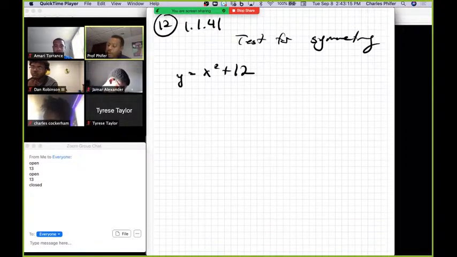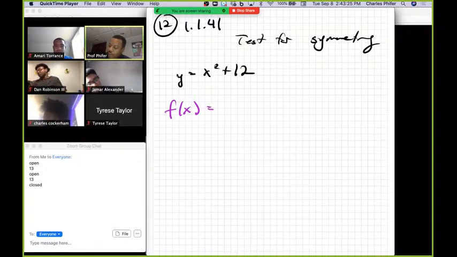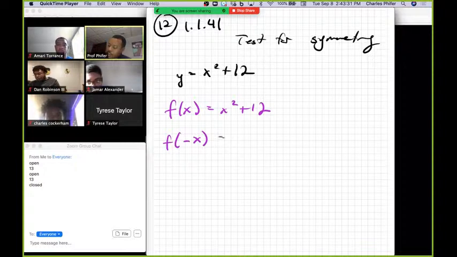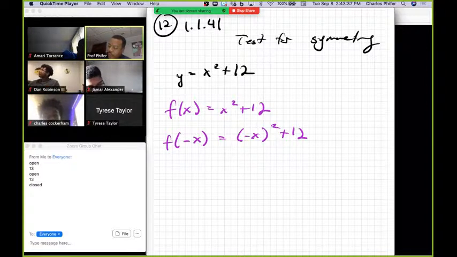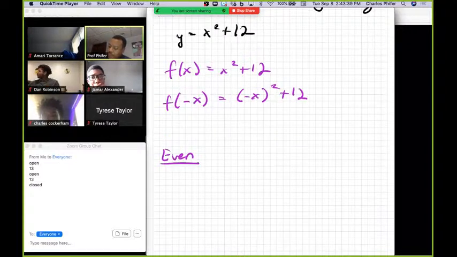So what I'm going to do, I'm going to test for even, odd, or neither. This is a little bit different than the way the book does it. So if we do f of x equals x squared plus 12, so if I do f of negative x, that's going to be negative x squared plus 12. So if I'm doing a test for even, odd, or neither, a function being even, the definition of even means f of negative x equals the original.